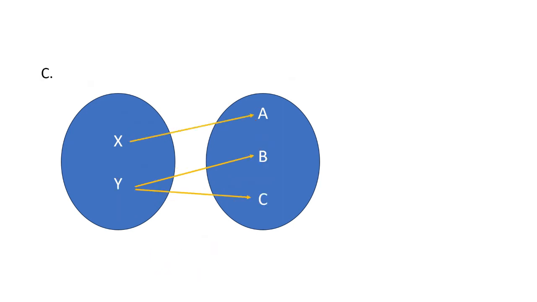Okay, letter C. Let's take a look at this one. Once again, the X and Y, of course, are our domain. And then A, B, C, they are our range.